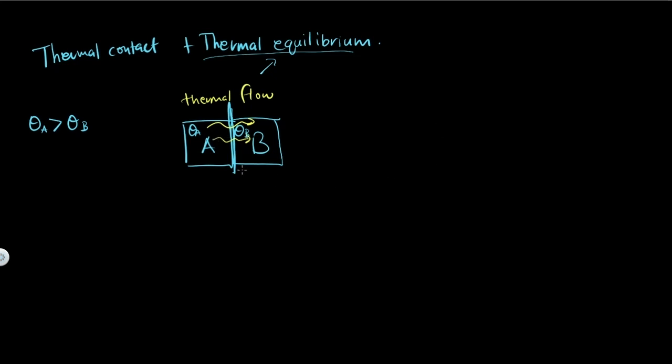And at that time, some of the heat will also flow from B to A. But since the temperature of A is much larger compared to the temperature of B, the rate of thermal flow from A to B is higher than from B to A. Two bodies in thermal contact are said to be in thermal equilibrium when they reach the same temperature and the net rate of heat transfer between the two bodies is zero.